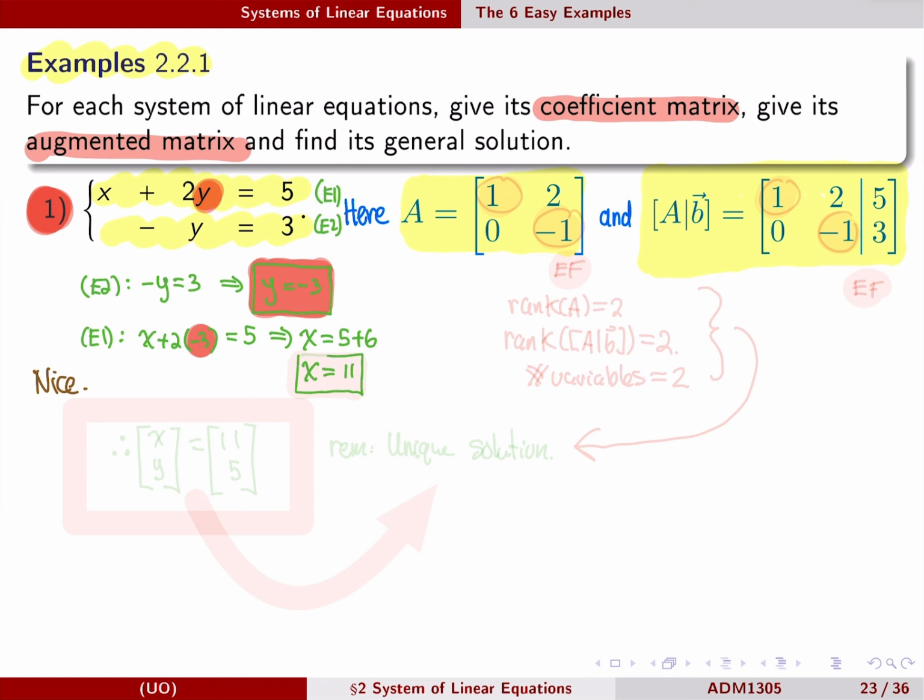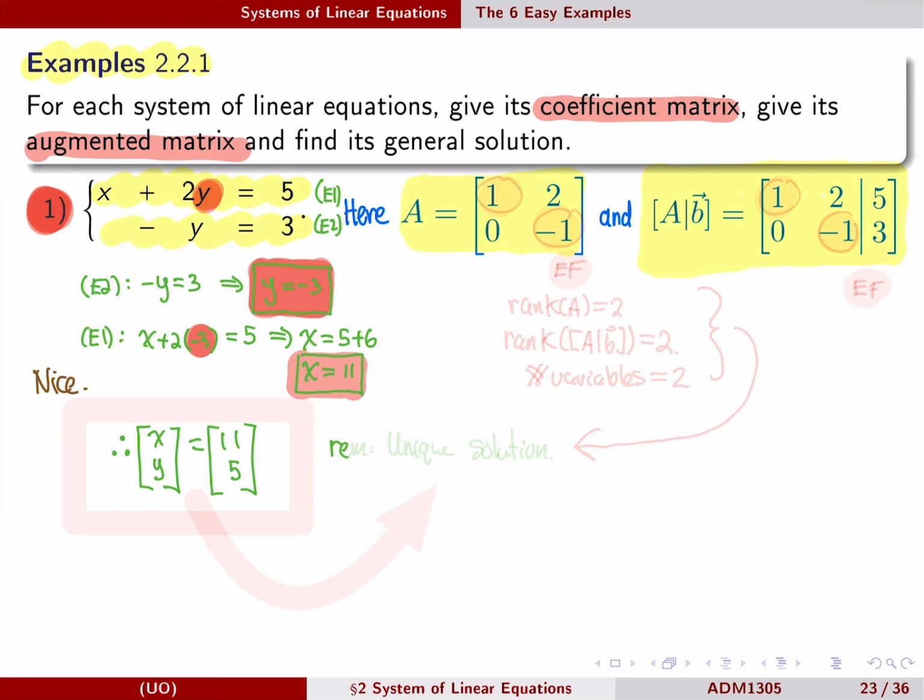So we have only one value for x also. So what is the canonical form? What is the right way to present the solution here? It is to write this using a column matrix, or a vector x, y, and then just write that pair nicely as 11 and 5, and that's my solution.